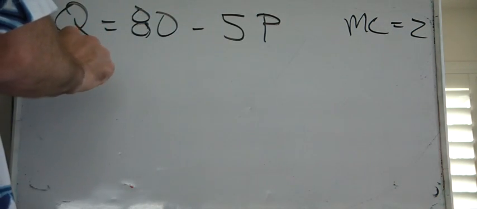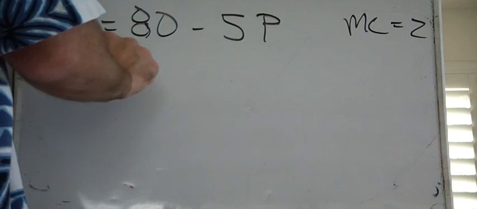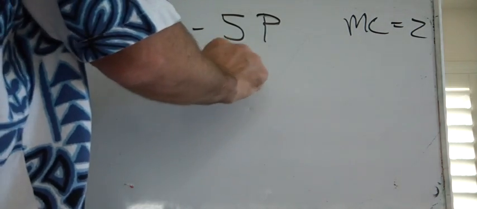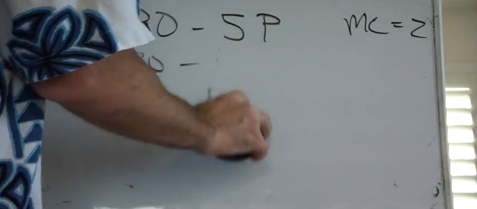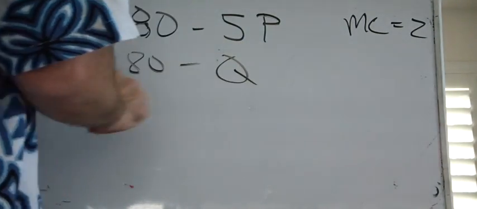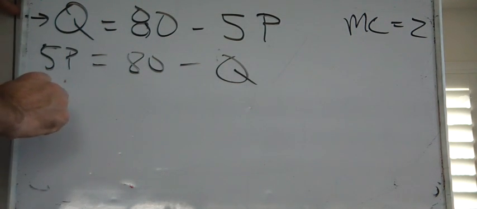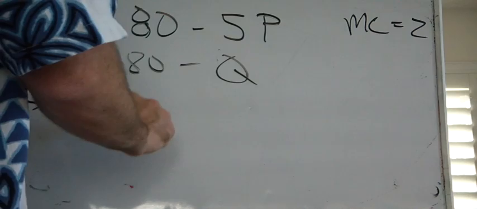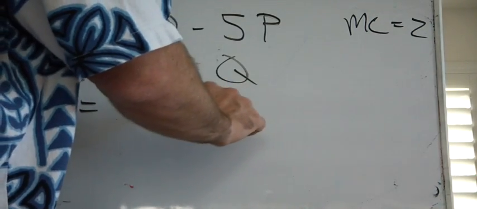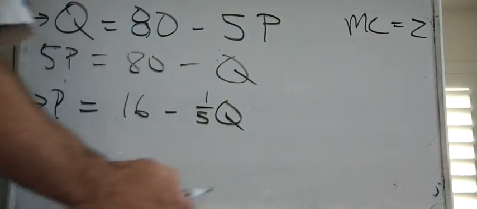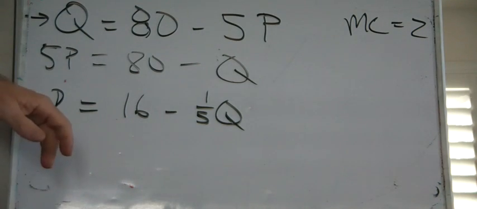The trick is if you rearrange this and solve it for price, this is called a demand curve. This is called an inverse demand curve. It's the exact same thing. Mathematically, it's just rearranging it in terms of price.